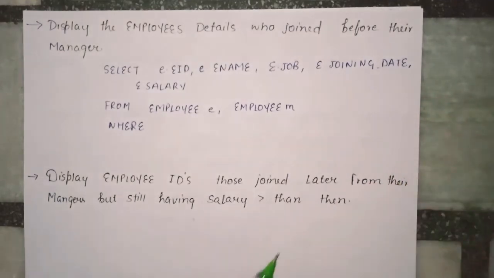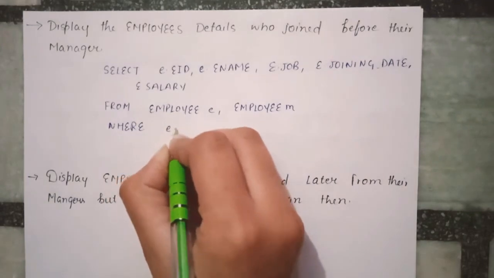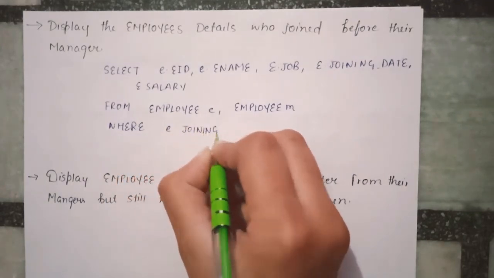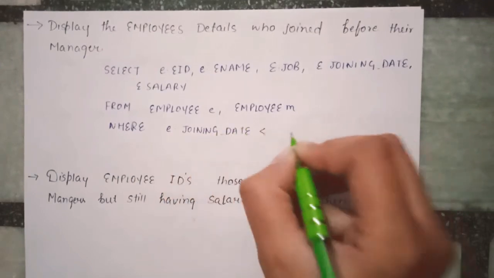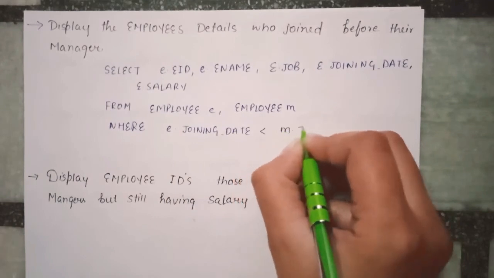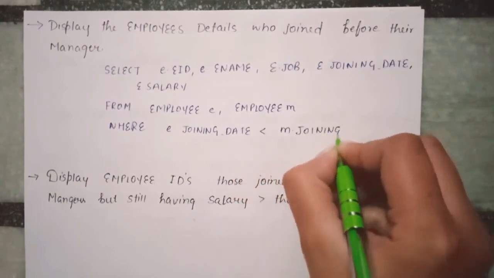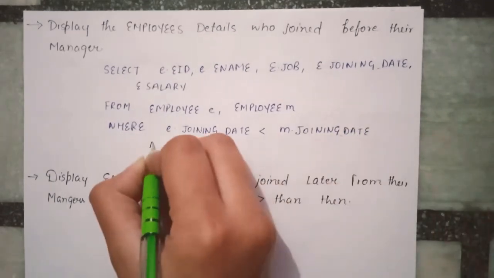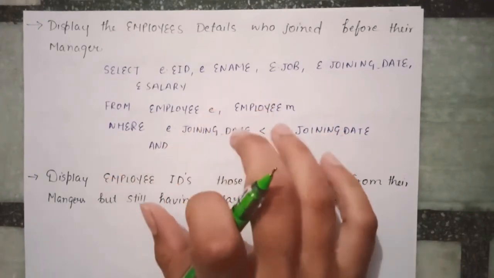So the query would be e dot joining date is less than m dot joining date. Okay, and here as we know there are two instances, so we have to join these two instances.